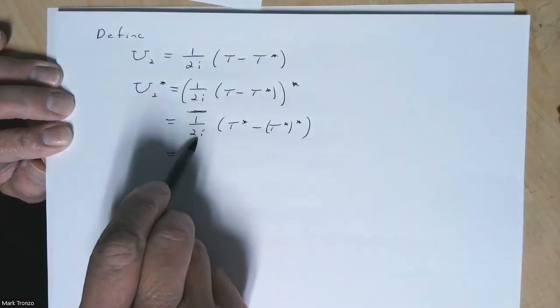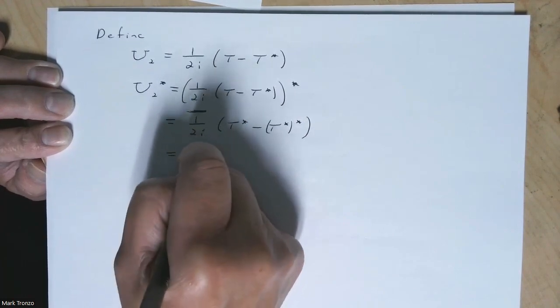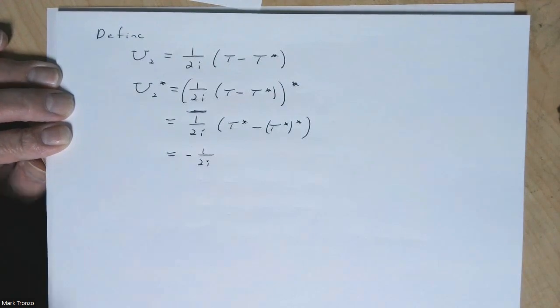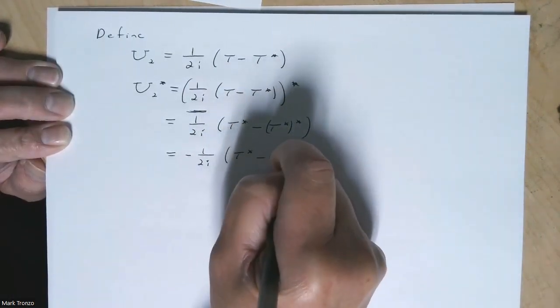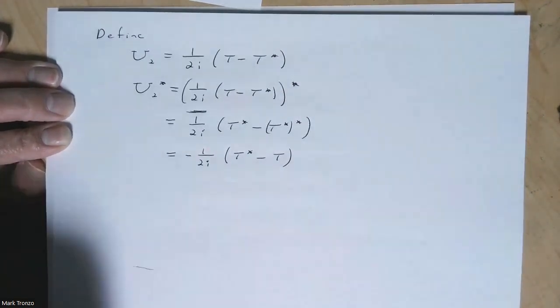And here, this is going to be a negative in the denominator, so we can apply it to the whole fraction. Then here, minus T, we can bring this negative inside.